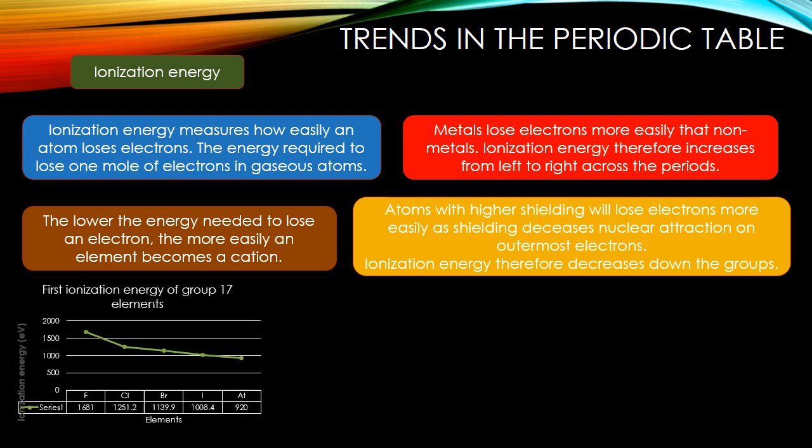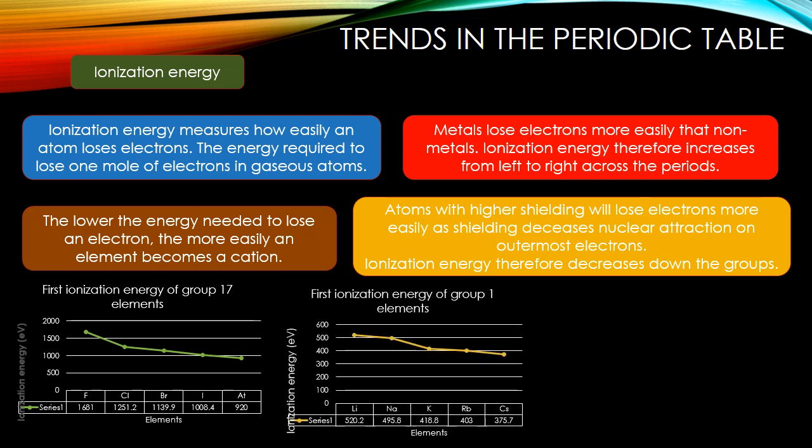Looking at the trend across group 17, we have fluorine having the highest first ionization energy and astatine having the lowest. For the group 1 elements, lithium has the highest first ionization energy, whereas cesium has the lowest. That agrees with an increase in shielding effect, lower ionization energy.